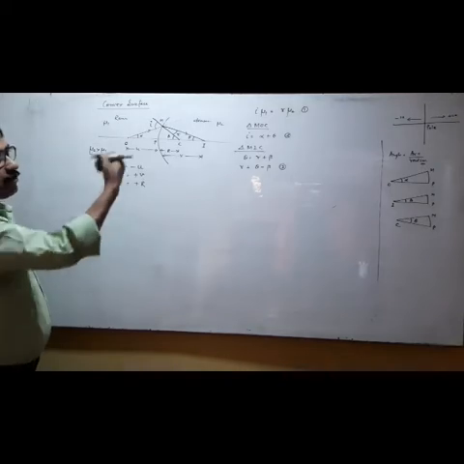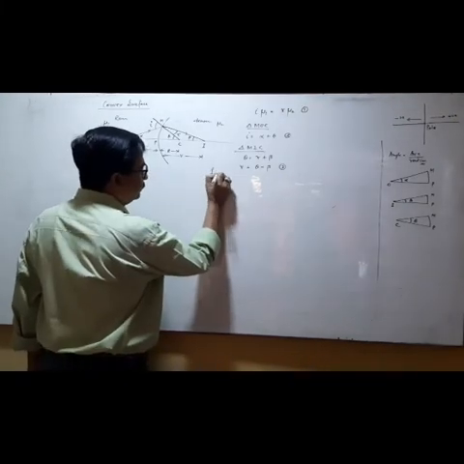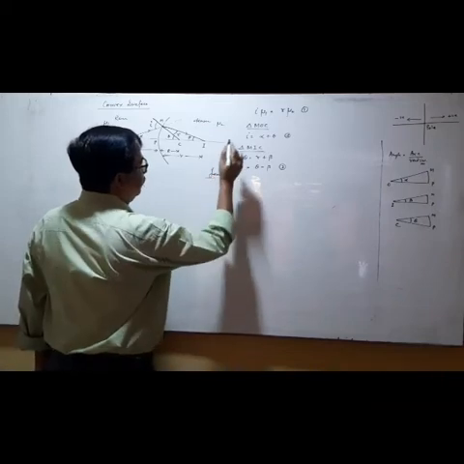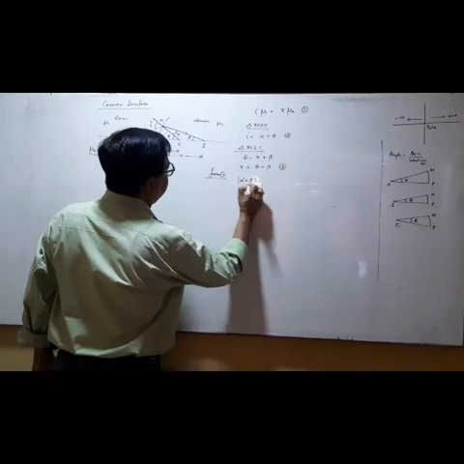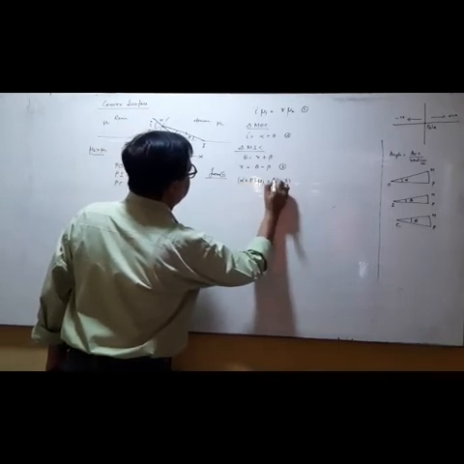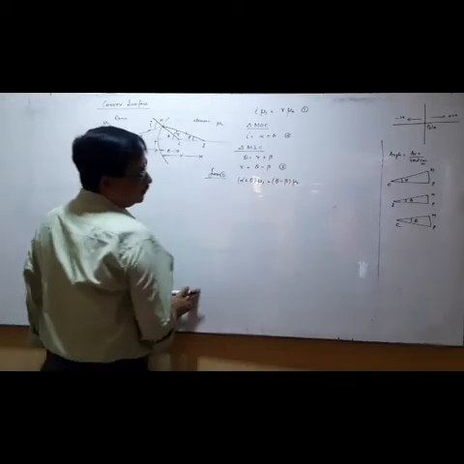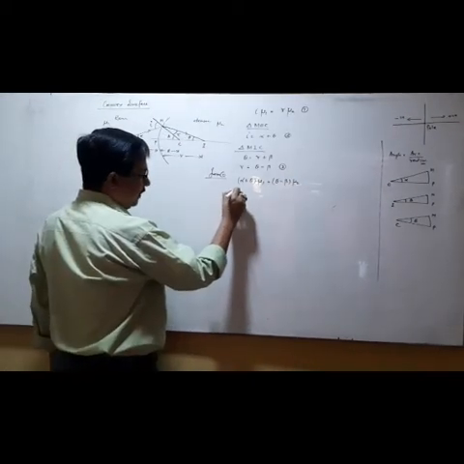Now put the values of i and r in equation number 1. So from 1, we can write (alpha plus theta) into mu1 is (theta minus beta) into mu2. Again open the bracket and solve like the previous one.